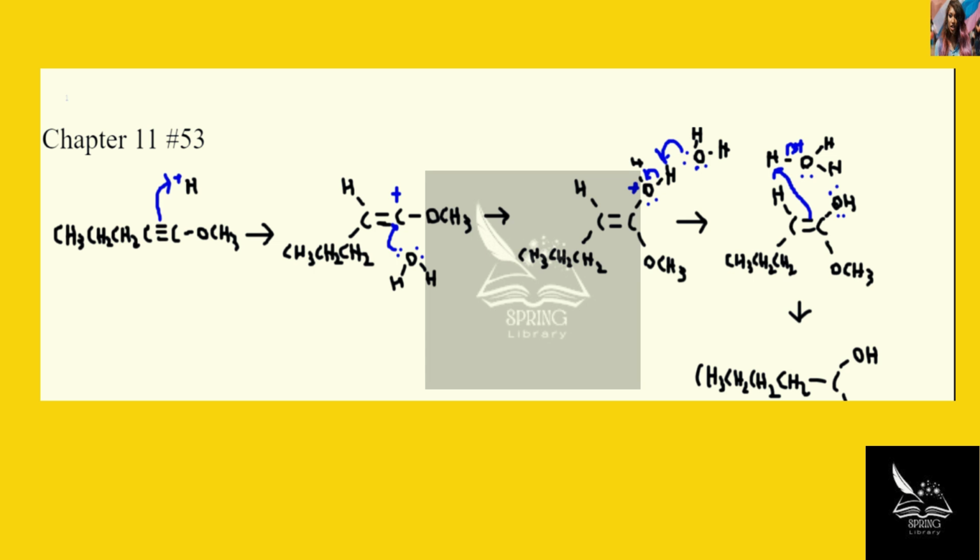There's a carbocation on this carbon now, and there are two lone pairs on this alcohol oxygen, and one of those lone pairs can add in here, and when that happens, we will get this product.